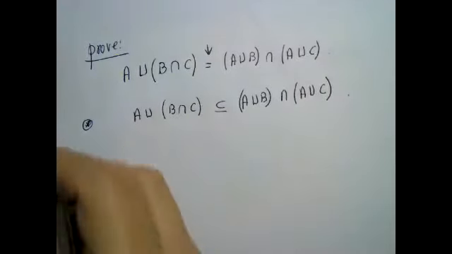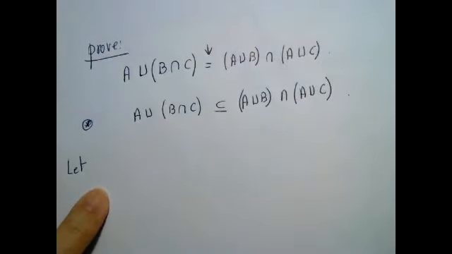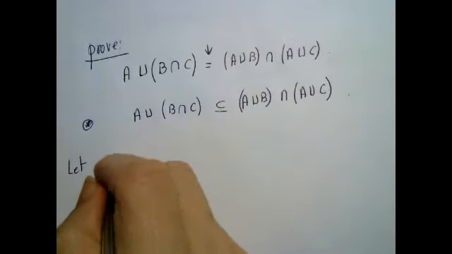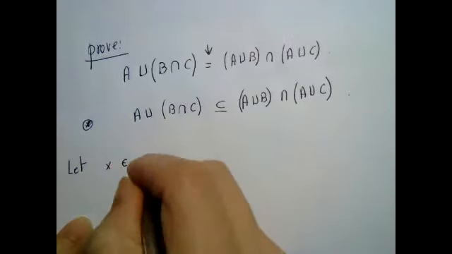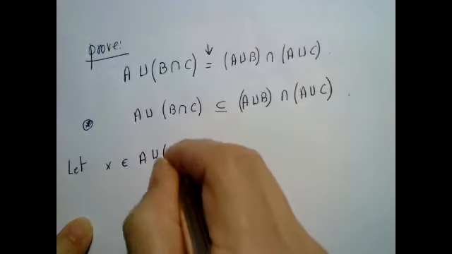What should be the first sentence I write? Timothy, Tim, what should I start with? Let X be an element of A union (B intersect C). Yeah, parentheses.